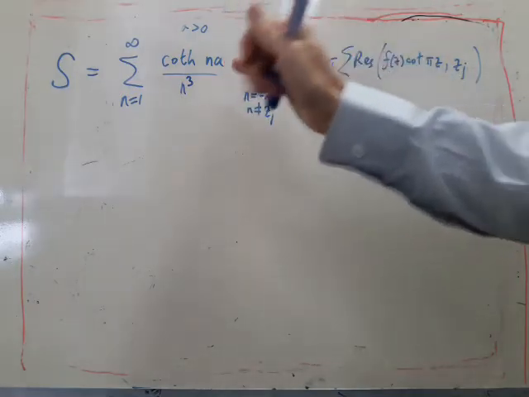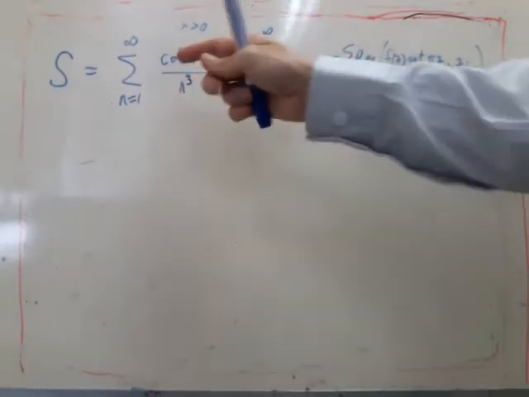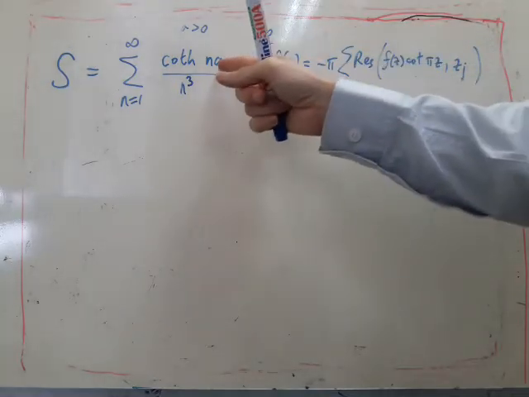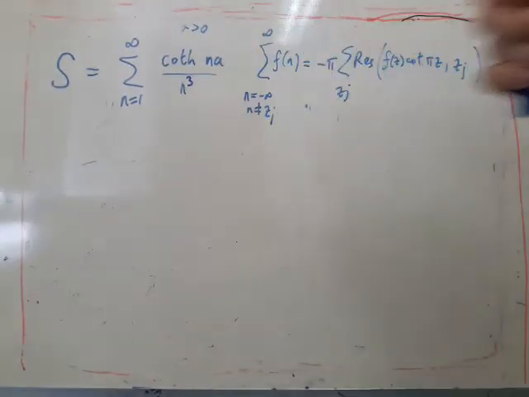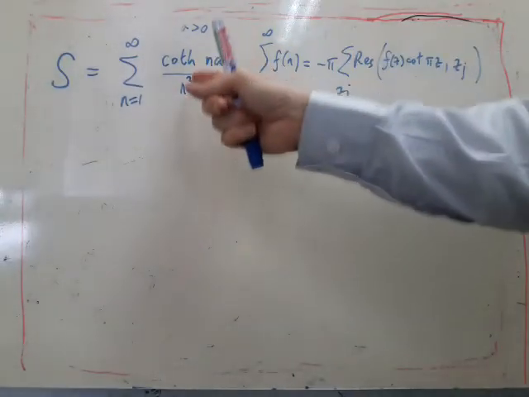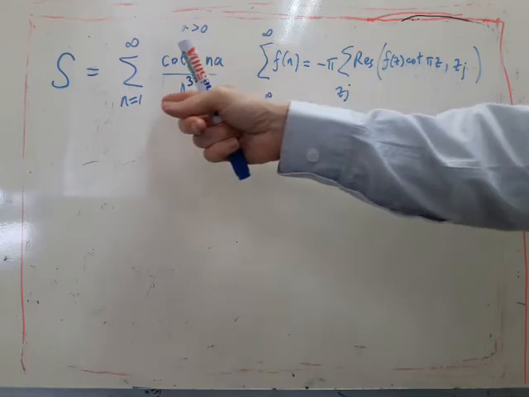Now, why don't we expect to find the sum? Well, basically, think about what happens when a goes to infinity. Coth is a function which tends to 1 for large argument. So if a gets very, very large, then basically we've got 1 over n cubed summed.